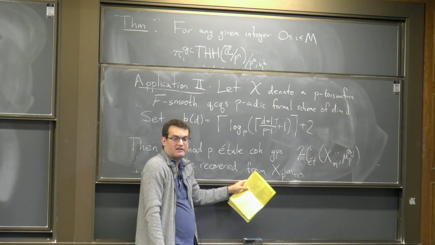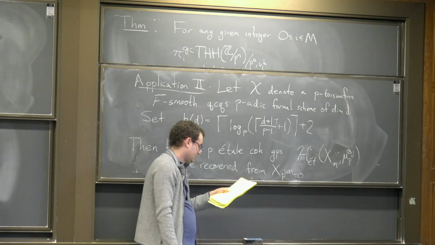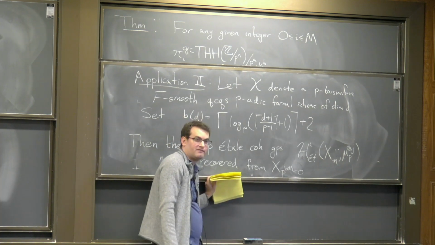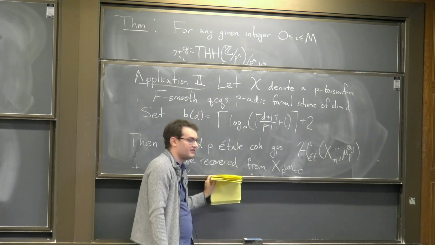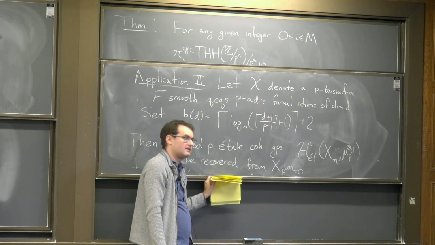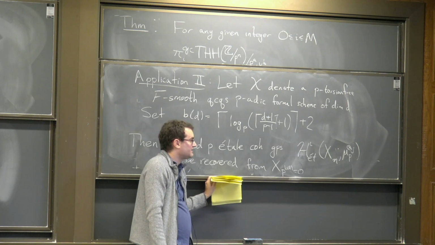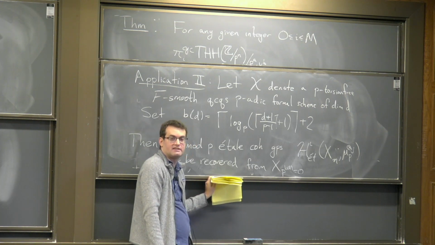So some prototype of this kind of result can be found in things like Fontaine-Messing, but this gives you a very general expression. And the reason something like this works is because by work of, say, Bhatt and Mathew, if I look at the mod p syntomic cohomology of X, that has an explicit bound on its V1 torsion.